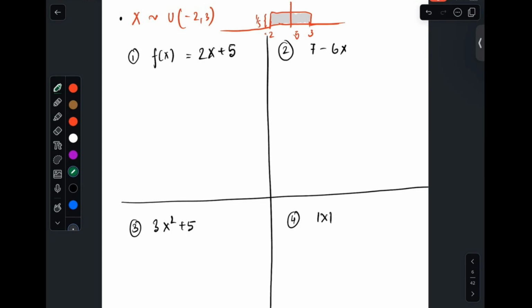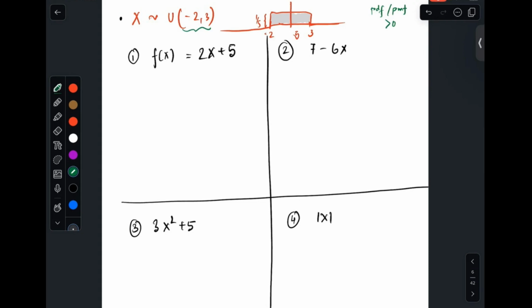So if X becomes 2X plus 5, what does it do to the function? That interval is called the support, because that's where the PDF or the PMF values are greater than 0.